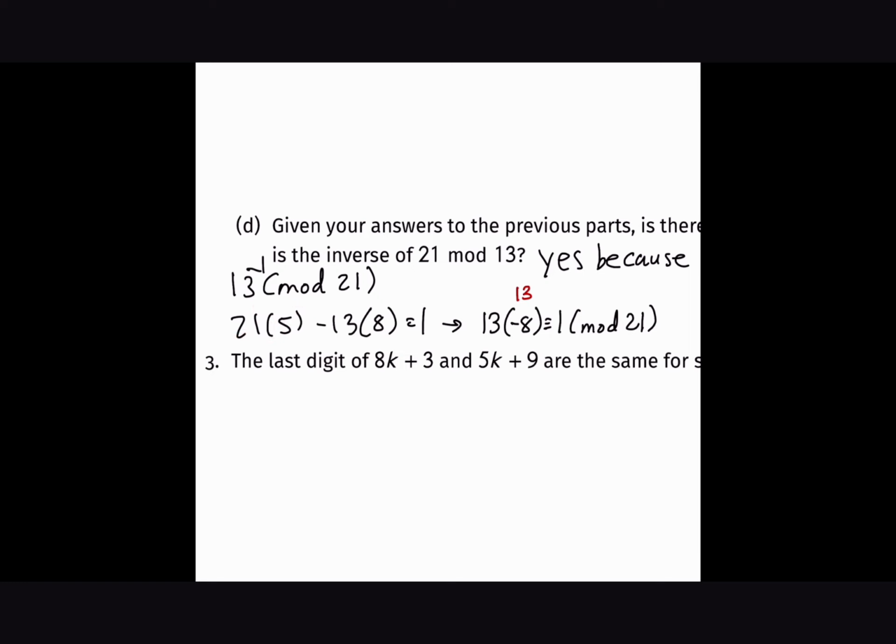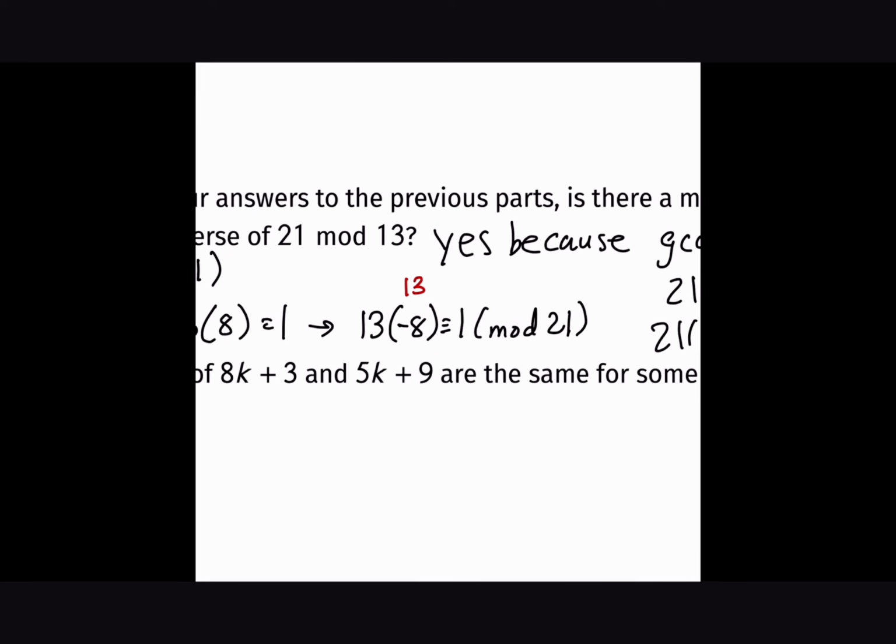Thus we are left with 13 times negative 8, and then 1 mod 21 is 1. And then now you can see that this form is similar to our form of a multiplicative inverse, which is x times the multiplicative inverse equals 1 mod m.